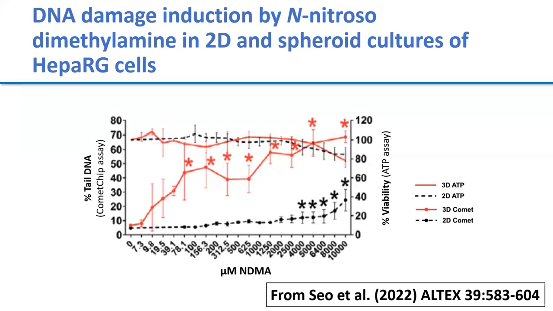The increasing red line represents responses in spheroids, the more slowly increasing dashed black line in attached cultures. Presumably, the DNA damage response is mediated by CYP2E1 activity, which you may have noticed is a bit higher, but not really substantially higher in spheroids than in attached cells.